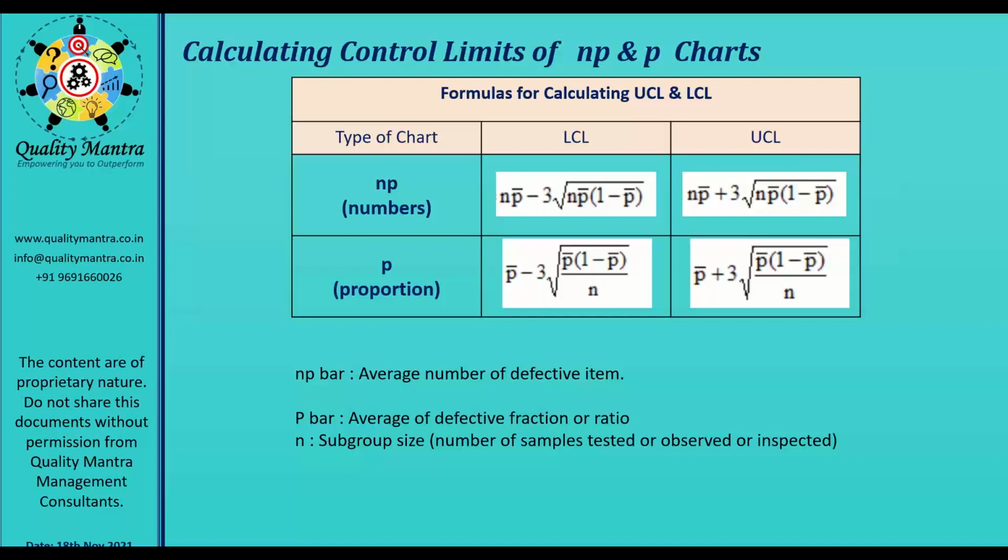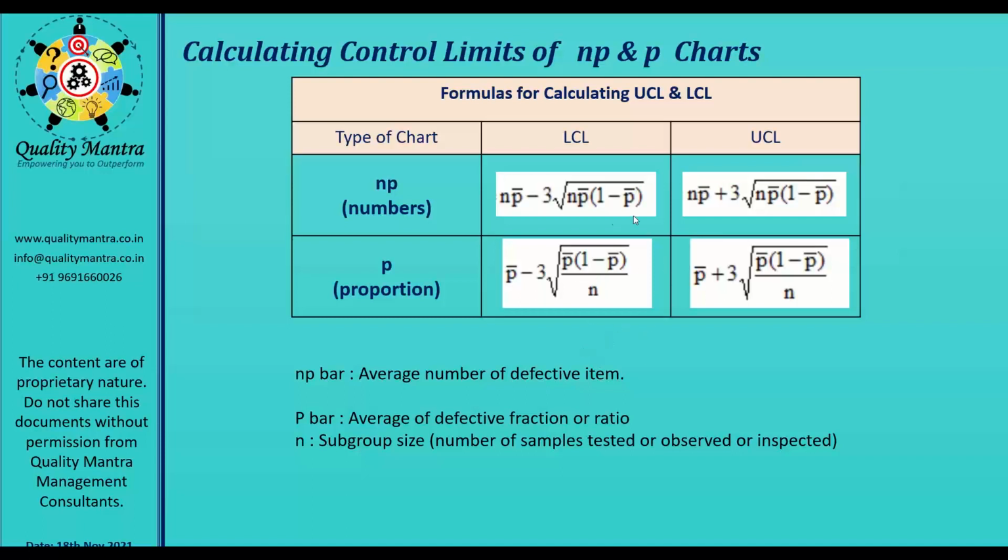And for the P chart, there is an N also, and N is nothing but the subgroup size, the number of samples tested or observed or inspected. How many samples you have tested, how many samples you have inspected, that N you need to write here in the denominator.